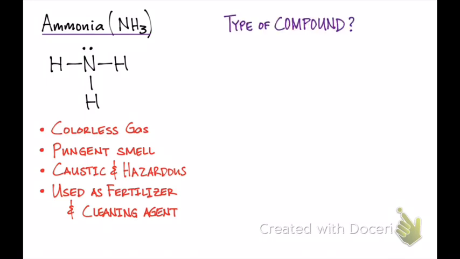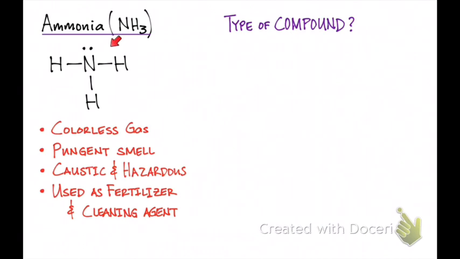And so, what type of compound is ammonia? On the test, I may ask you what type of compound is shown here. I'll give you an image or a chemical formula, and then you have to figure out what kind of compound it is. There are only 2 types of compounds that we looked at: ionic compound versus molecular compound. And so you would base it off of the elemental composition.